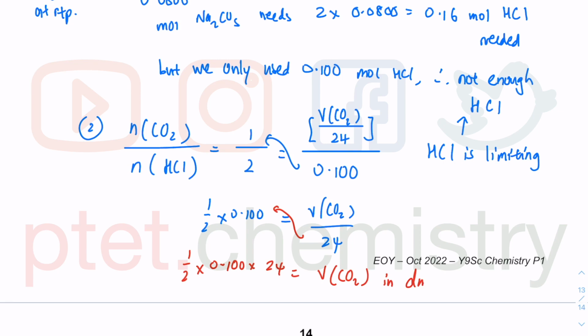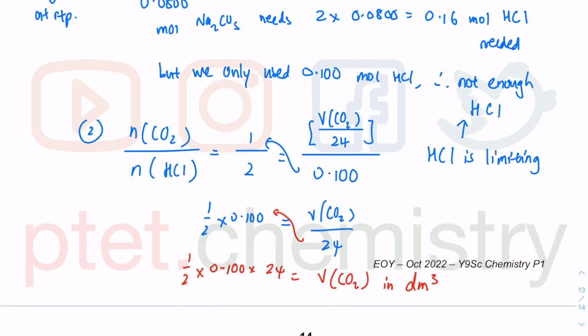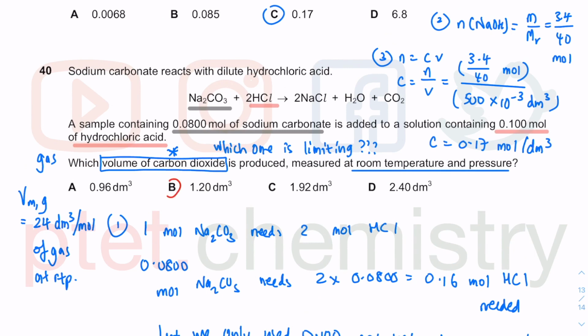This must be in dm cube based on what we had used in the formula earlier. So 0.5 times 0.1 times 24, I get 1.2 dm cube. So the volume of CO2 is 1.2 dm cube there. And that is 1.20 based on the accuracy in the question, which was 3 significant figures.